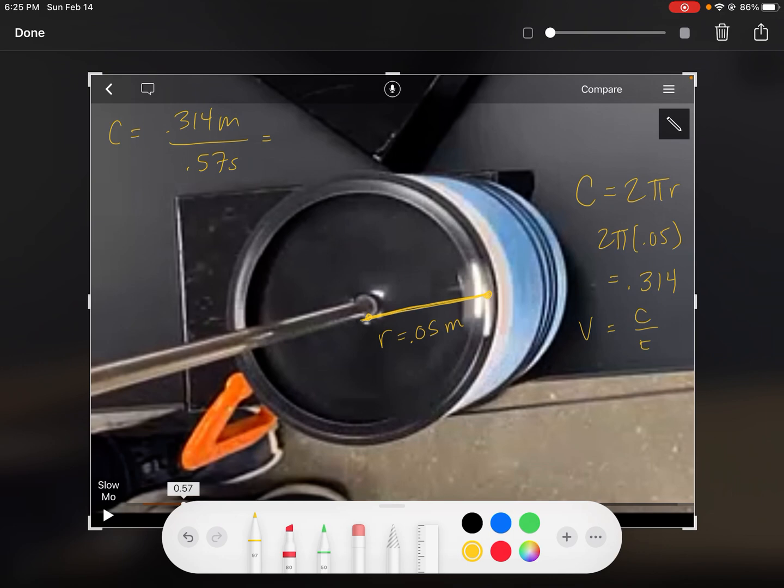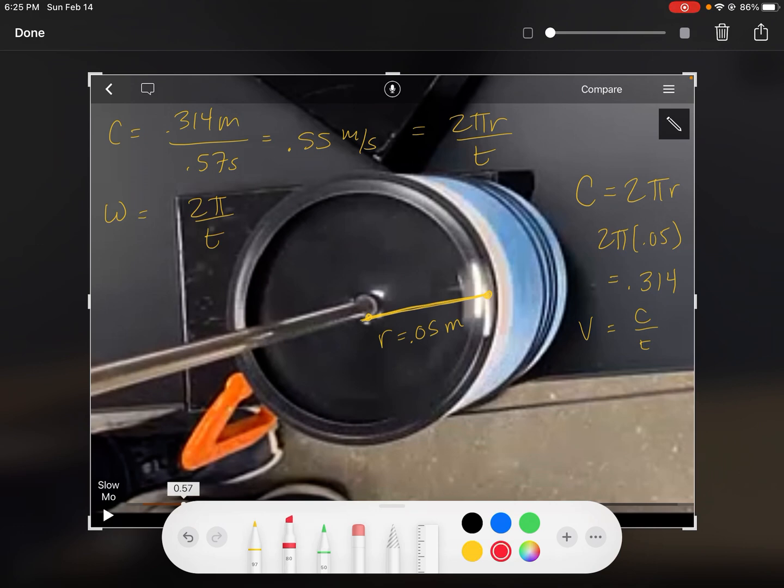And that's 0.55 meters per second. But here's the deal. To calculate this, I took 2 pi r over t. I had already figured out the angular speed by taking 2 pi over t.